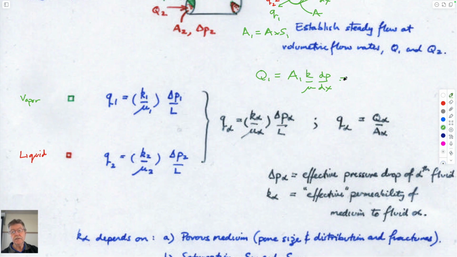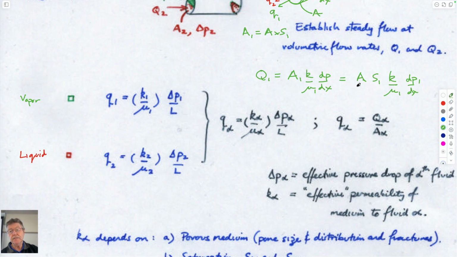So we can convert this to being a total area, which we like, multiplied by saturation of fluid 1, the permeability divided by the viscosity of fluid 1, and dP1/dx. The permeability is irrespective of the fluid that's being transited across it. It doesn't matter if it's vapor or liquid, so long as it's a Newtonian fluid.